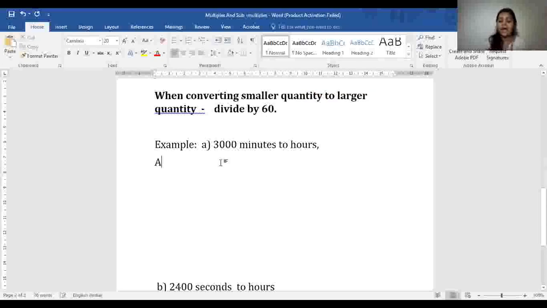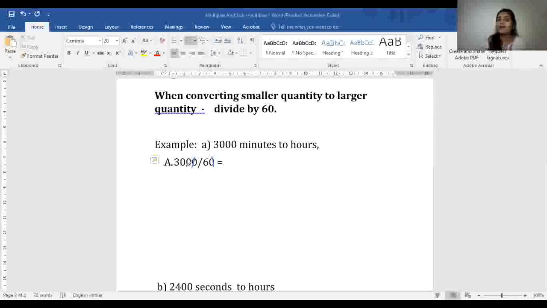So let's see how to solve this. I have got 3000 minutes, and I have to convert it into hours. So minutes directly to hours. What will I do? I will divide it by 60. What is the answer that I'll be getting over here? It is very simple mathematics: cancel out the two zeros which are there.